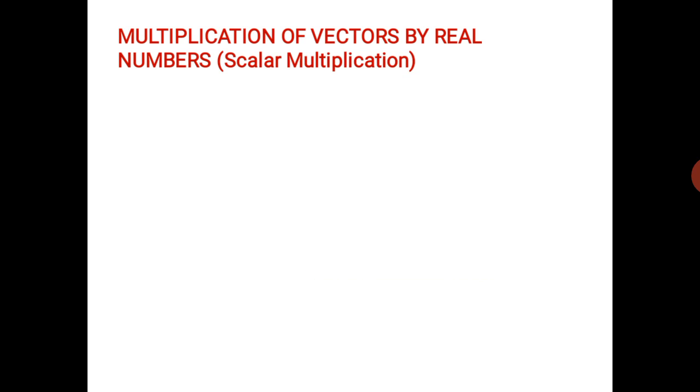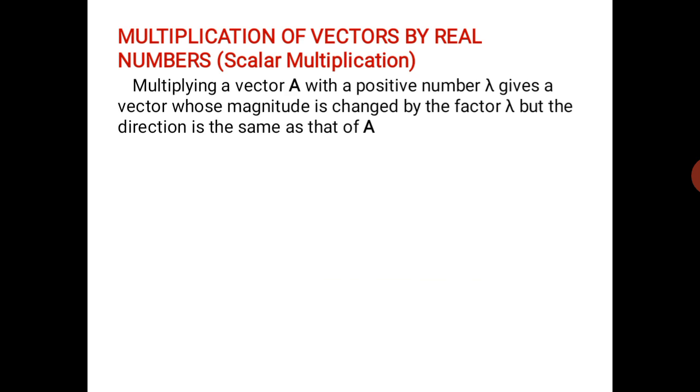Okay, see, suppose a vector a is multiplied with a positive number lambda, it gives a vector lambda times a.